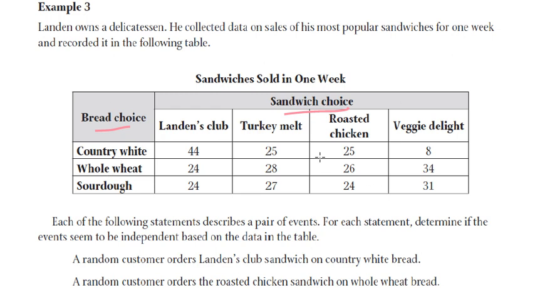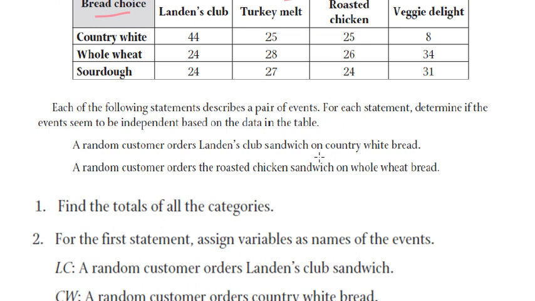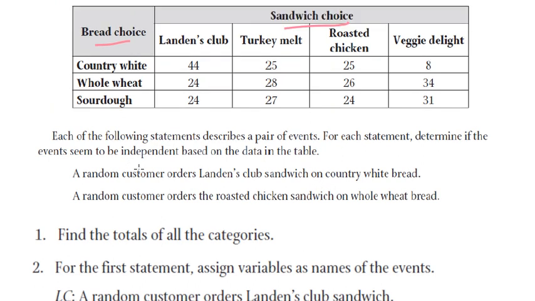But here we go. So it is asking us to figure out some information here to determine whether they order a club sandwich on country white, so that's club sandwich and country white, and the roasted chicken on whole wheat, so that's roasted chicken and whole wheat. So it's basically asking us to analyze the event.